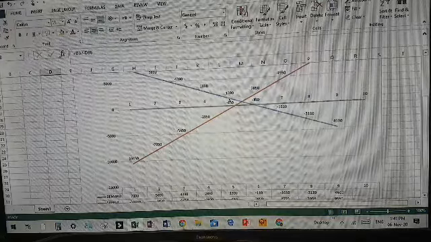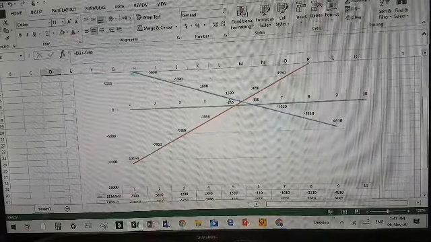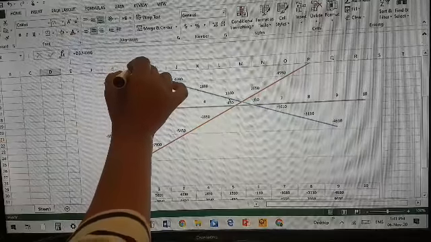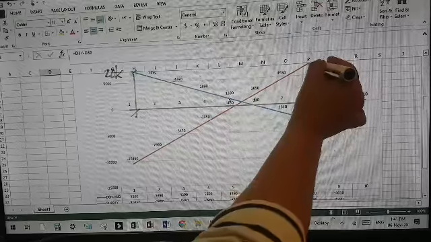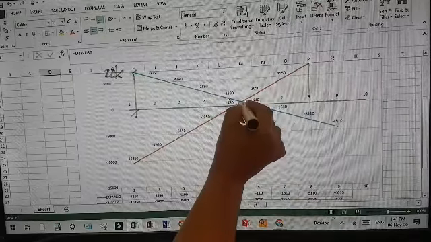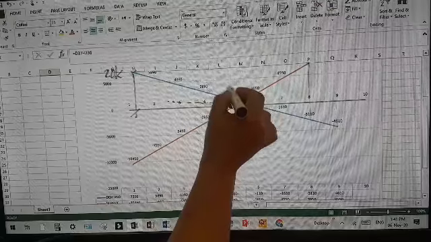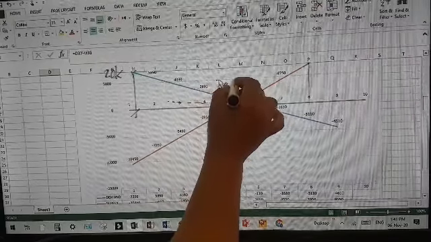Now, assuming that this point here would be the 20,000 height, okay? So this is our equilibrium. This is our QE, PE.